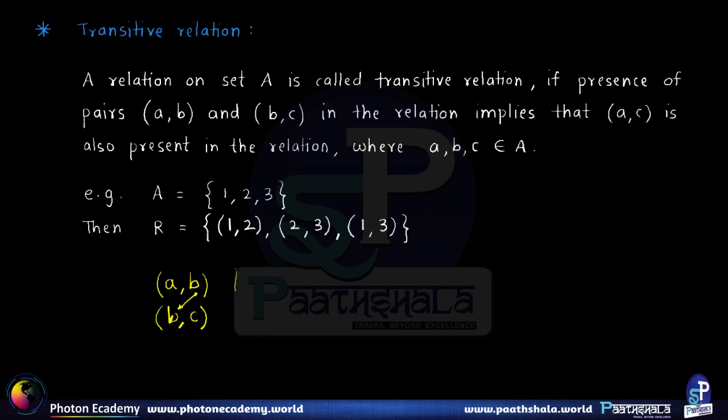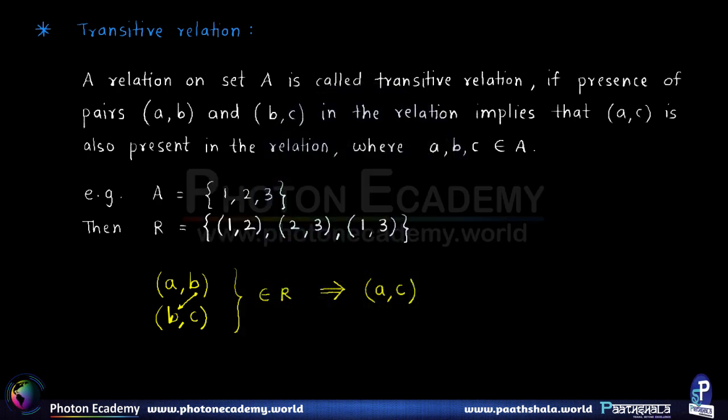Now, does the presence of both of these pairs in the relation imply that the pair formed by the first and the last, that is from a to c, is also present in the relation? If yes, then the relation is called transitive. If not, then it is not transitive.